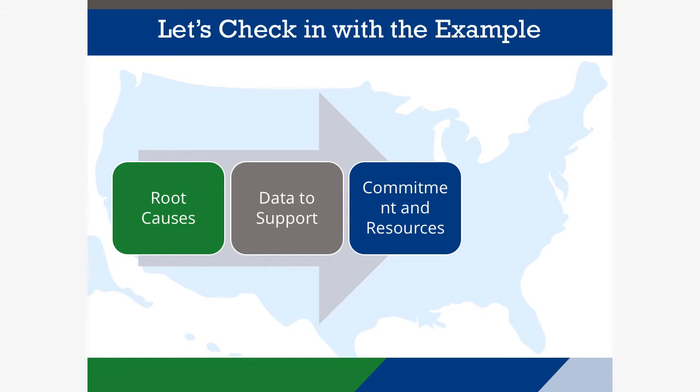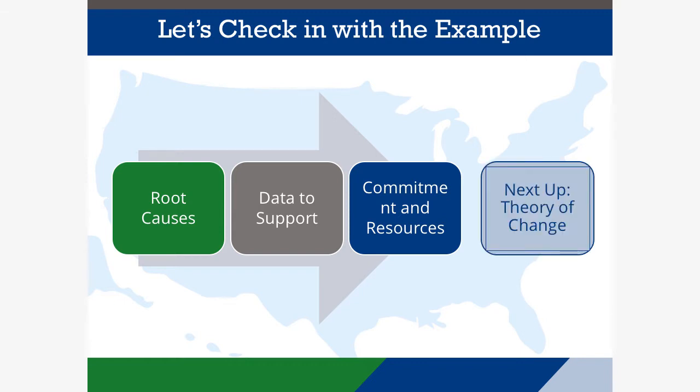The agency also has a commitment from leadership and has the resources they need to address these root causes. The team will document the root cause along with supporting data, setting the stage for the next phase in the change and implementation process, developing a theory of change.